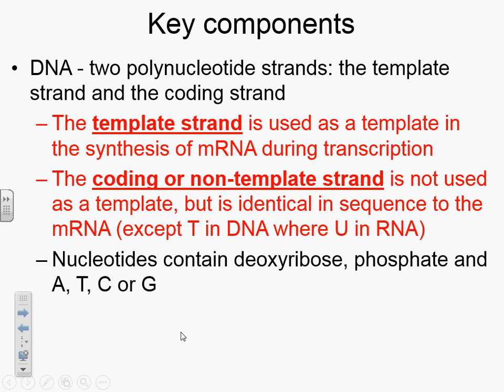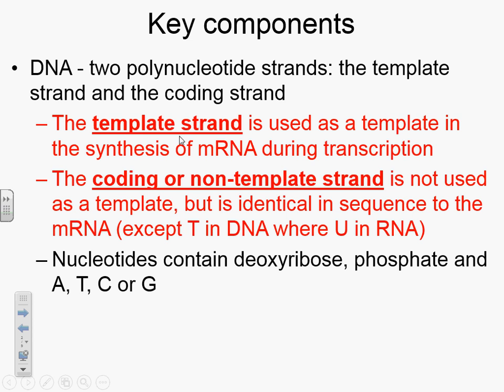Now, the first couple of slides in here are about key components. The reason that this is in red is because this was where last year I had to correct what I'd been doing just as we got to revision, which was a wonderful time to find out I'd been using the wrong word. DNA then, it's two polynucleotide strands, the template strand and the coding strand. And I used to use the word coding to mean the template strand.